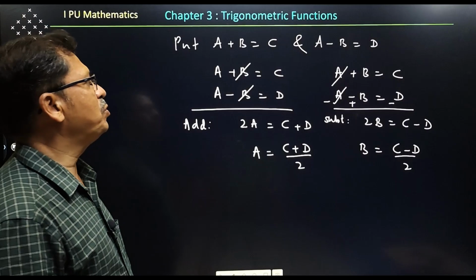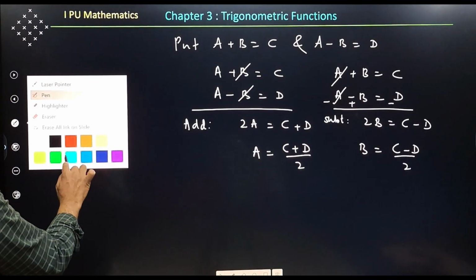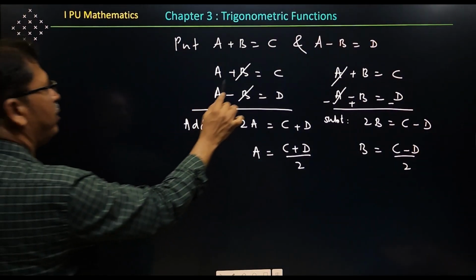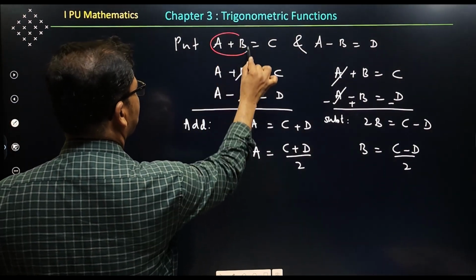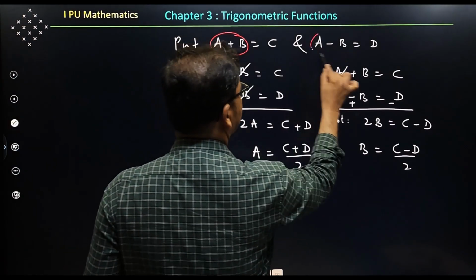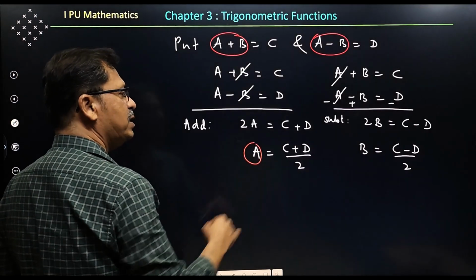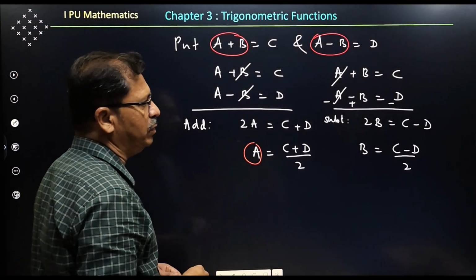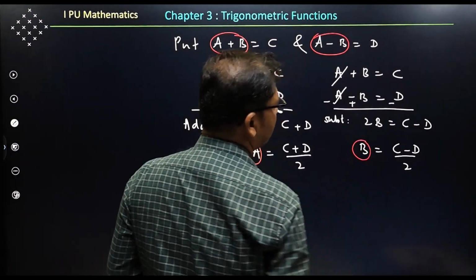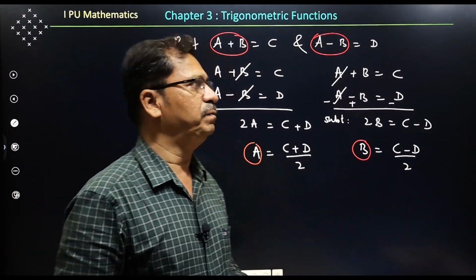See what are the substitutions you need to make in the previous results. Wherever A plus B is there, that is to be replaced by C. Wherever A minus B is there, that is replaced by D. Wherever A is there, that is to be replaced by C plus D divided by 2. And wherever B is there, that is to be replaced by C minus D divided by 2.